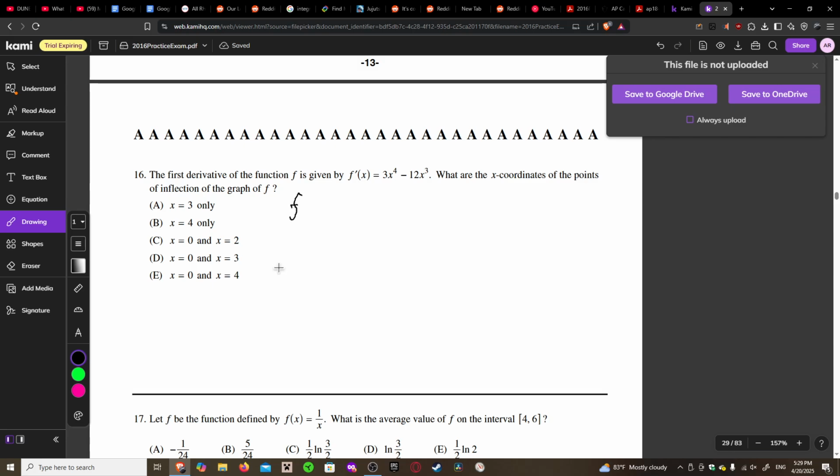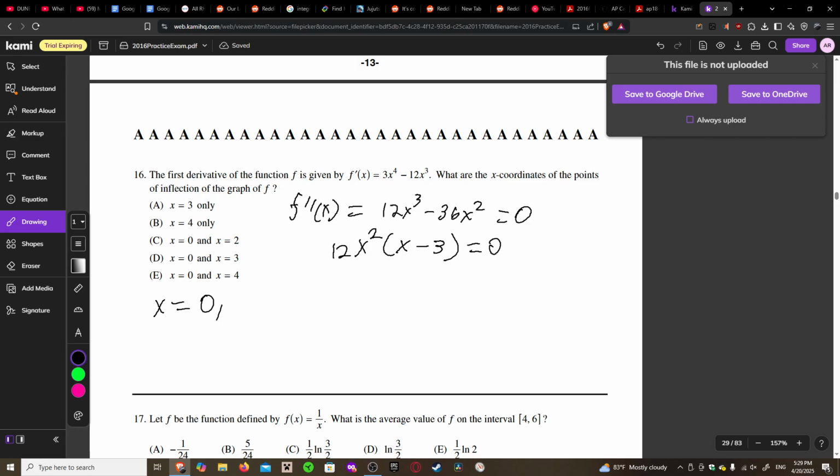Okay, then I have to derive that once. 12x to the 3rd minus 36x squared, which is just x squared, 12x, 3x, x minus 3, which equals 0, so therefore x is equal to 0 and x is equal to 3.